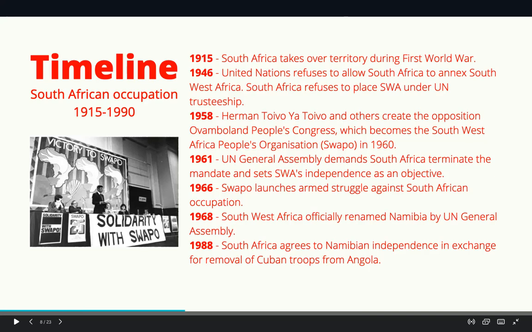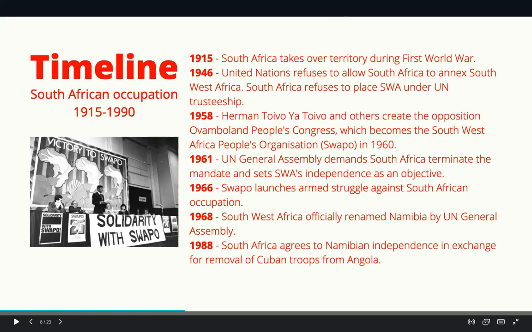So we can see that from 1966 till 1990, there was a social clash between the part of the society that wanted to become independent, which was a great majority, against the South African occupation.